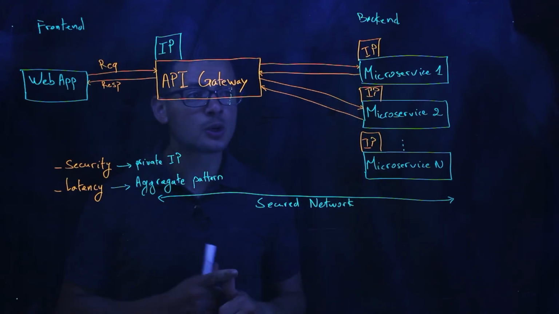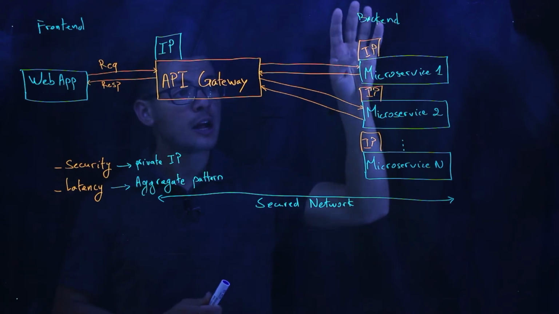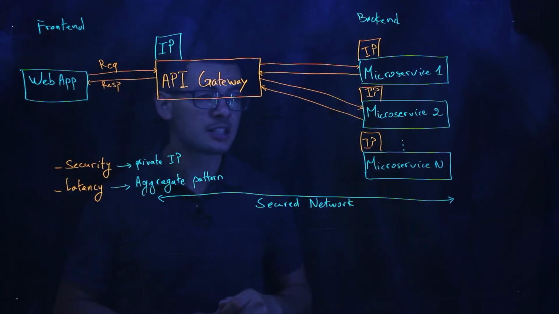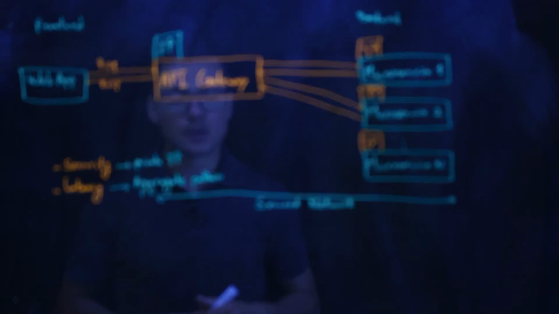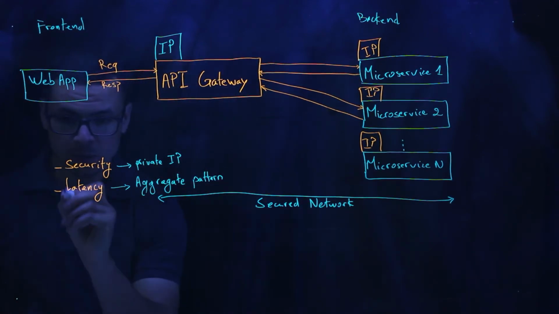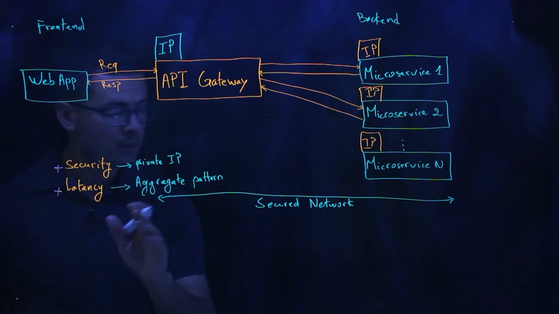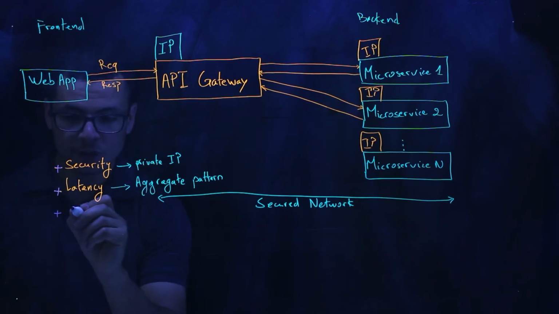This means we'll have lots of duplicated code, and if you want to update the authentication or the authorization code, then we need to update it in all the microservices, and that's lots of pain, and that's not good from the point of view of good practices when writing the code for my app. So that's one added benefit. Actually, those are benefits of using the API gateway, and to this list I'll add here authentication and authorization.